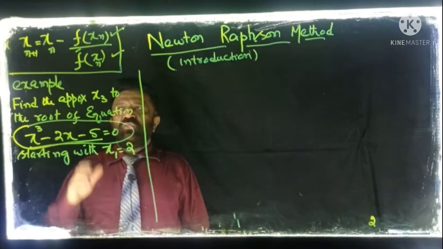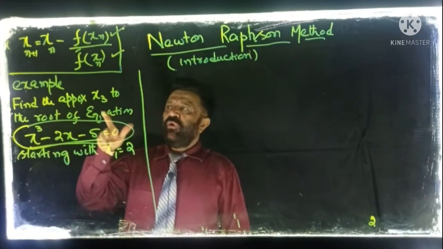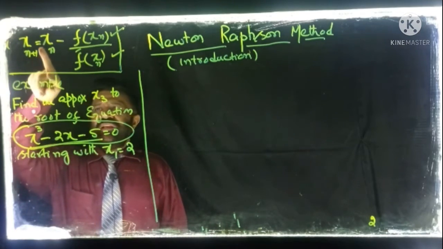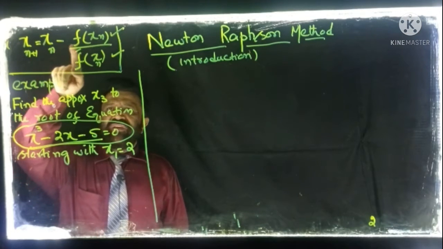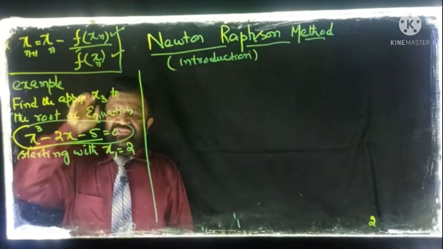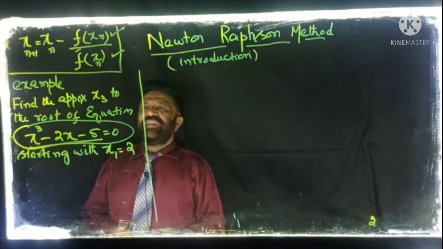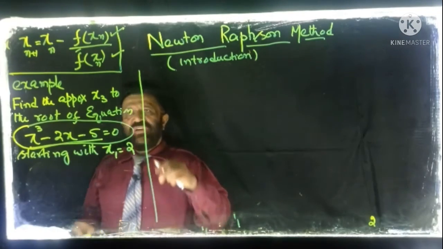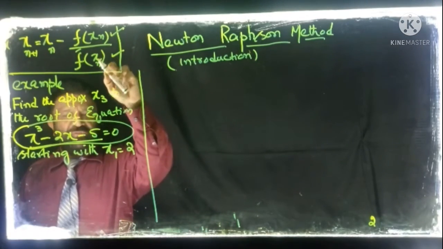Okay, so first of all you should know that x_{n+1} is equal to x_n minus f(x_n) divided by f'(x_n). So you should know the requirement of the formula, that is, you require the first derivative.